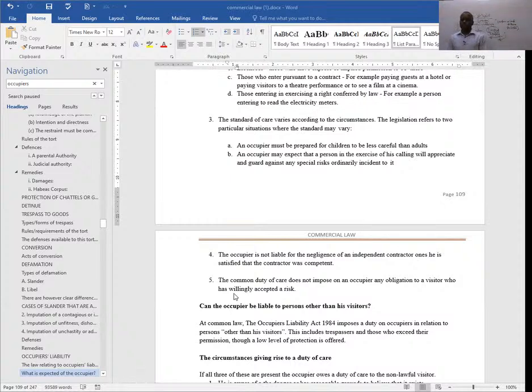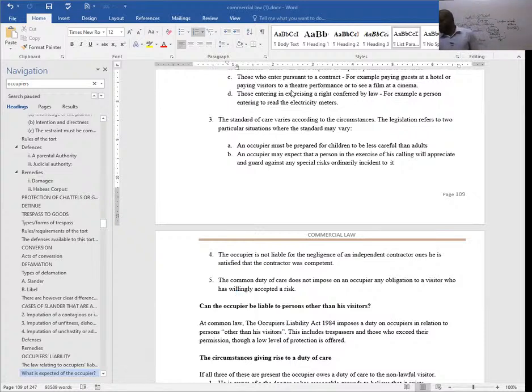So you cannot hold this particular supermarket responsible. So that is what we mean by the circumstances surrounding, for example, the standard of care and when the occupier can or cannot be held responsible.